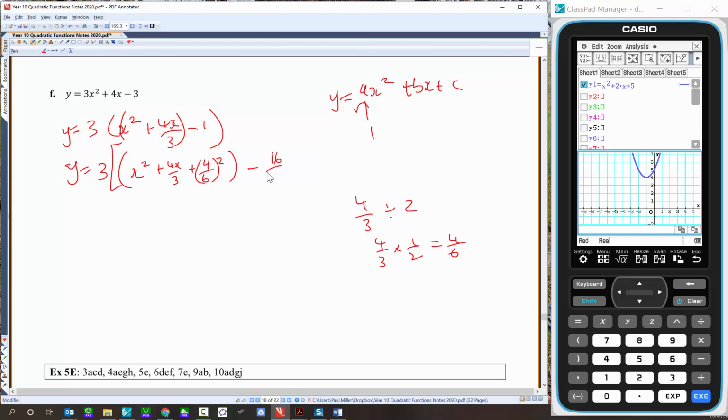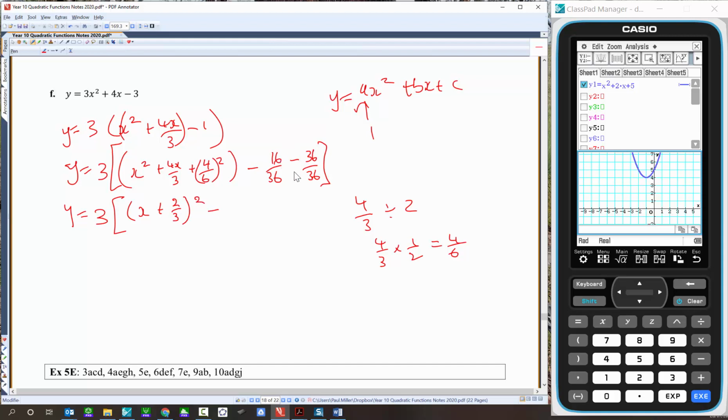4 squared is 16 on 36. Take away, instead of writing 1, I'm going to do 36 on 36. Close these square brackets. Keep those square brackets in. x plus, now that's 4 on 6, I'm just going to write that as 2 on 3, all squared.